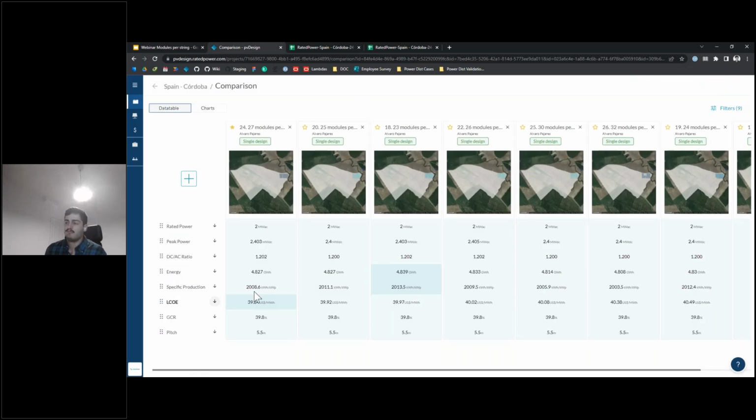It's a value in between that, let's say, balances both options, and that will be the design in this case that is optimizing the LCOE for this specific design.